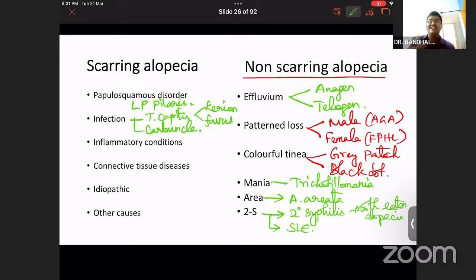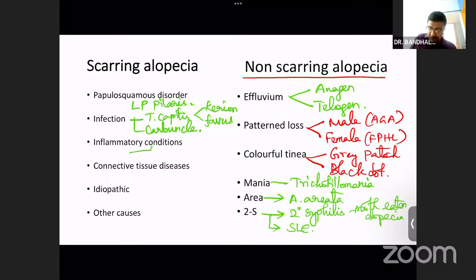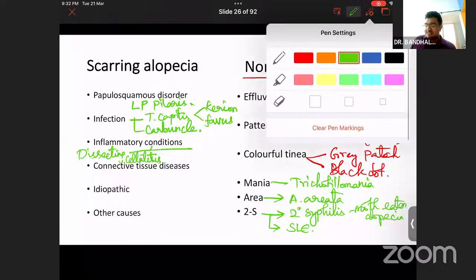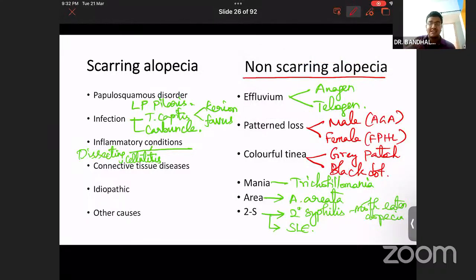For example, dissecting cellulitis of scalp. There is a dissecting cellulitis, so there won't be any growth. Entire hair follicles are dissected. Another one, folliculitis decalvans. The name itself shows it. Decalvans means it is entirely scooped off or something like that.